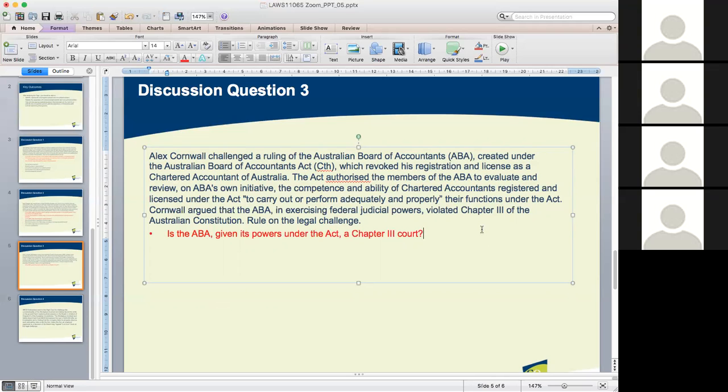Therefore, I would say that it's not a Chapter 3 court. Okay, so your answer is sure, not, because? What was it again? Because it doesn't meet the criteria of being a Chapter 3 court.